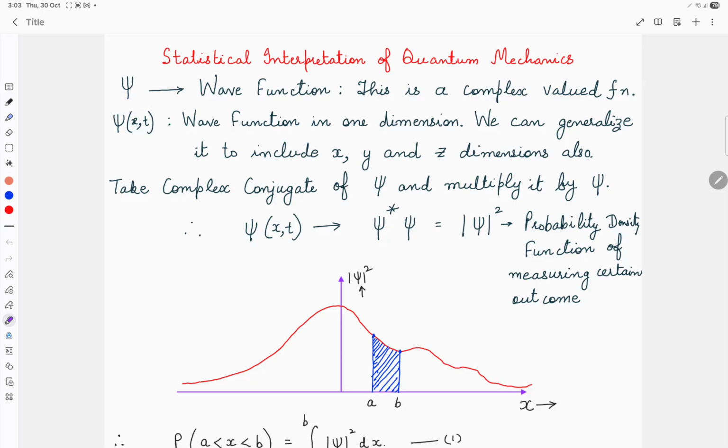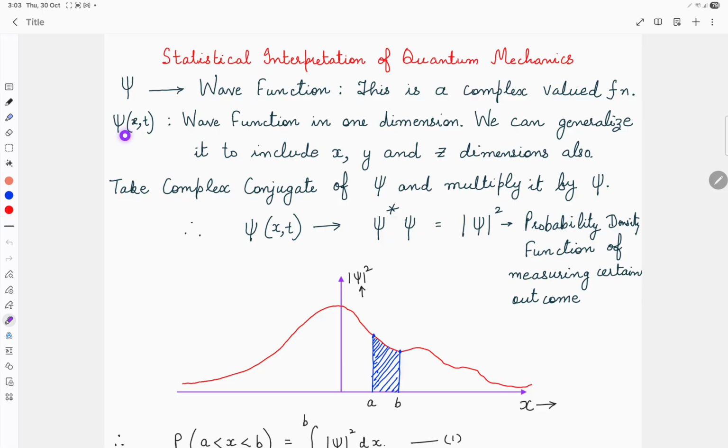Now, psi is a complex valued function. Because it depends on the position x and time, this function, the wave function, is in one dimension, but we can extend the same concept to three dimensions also.